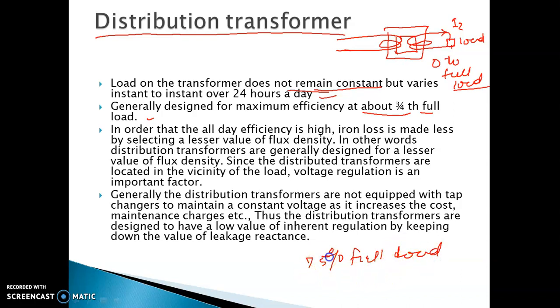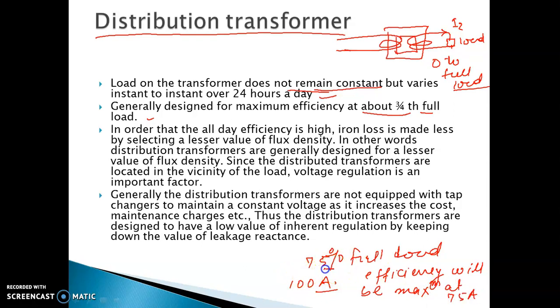75% of full load means, suppose the full load current of the transformer is 100 ampere, then its efficiency will be maximum at 75 ampere.